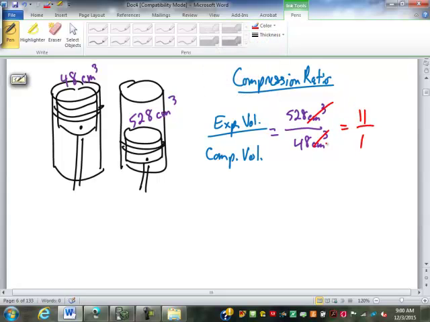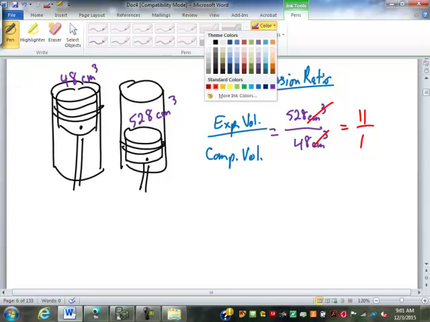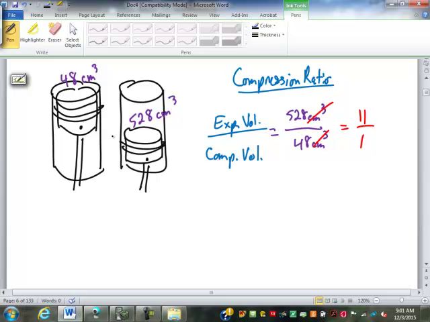That's an 11:1 compression ratio. Both of those can be divided by 48. What's that? It's a little high for, what, 7 or 8 is usually 8, 9, yeah. But 16 is usually diesel, isn't it? 15 to 18, somewhere there. This is a small engine.